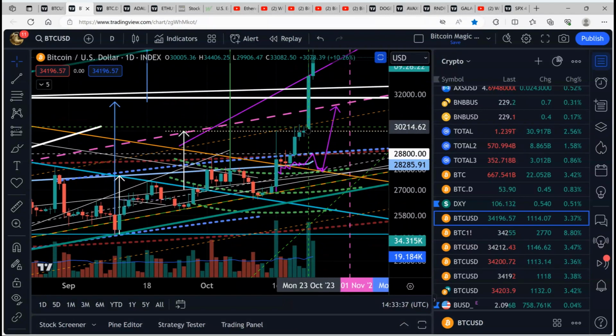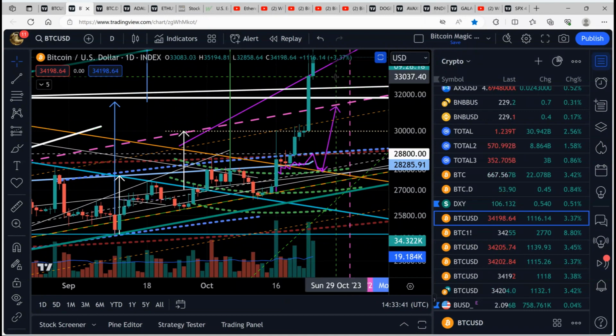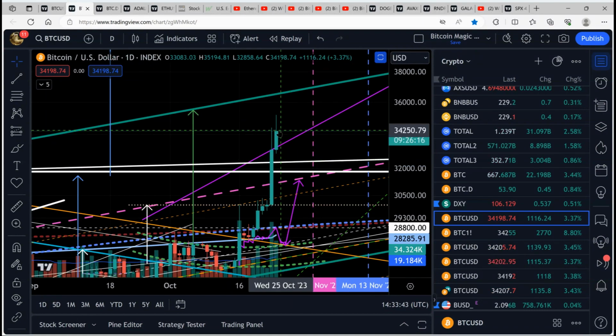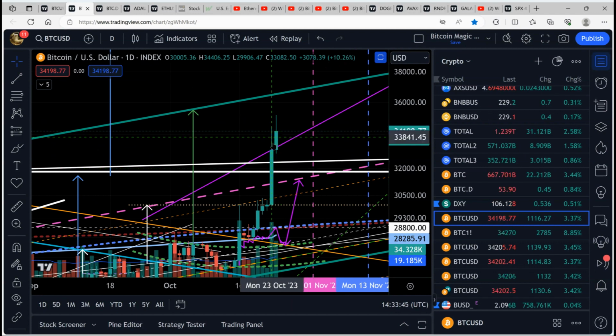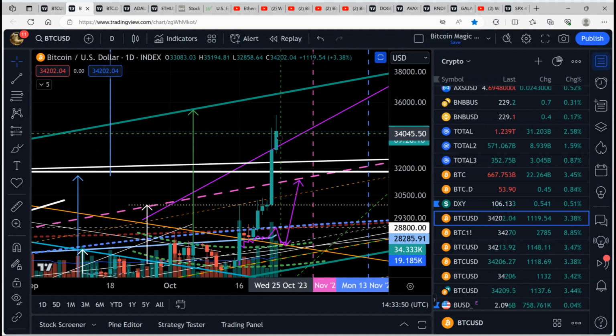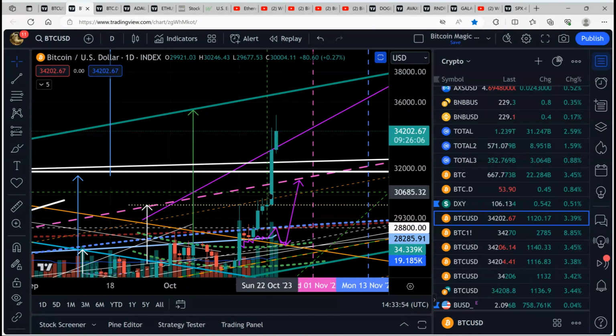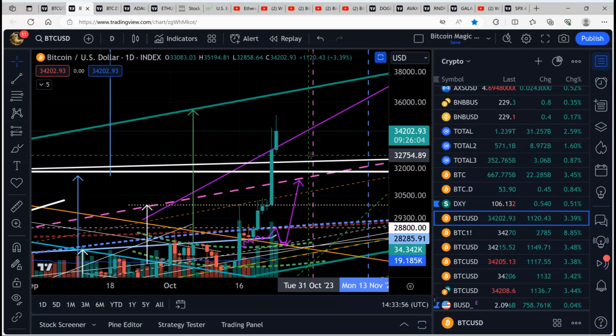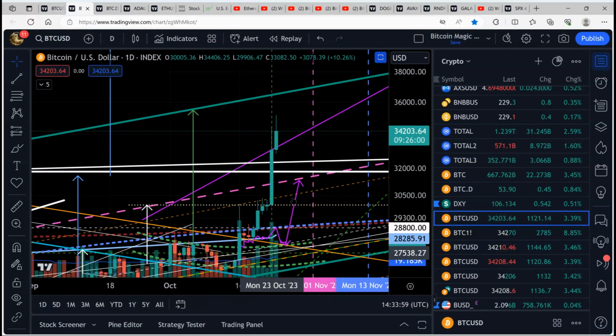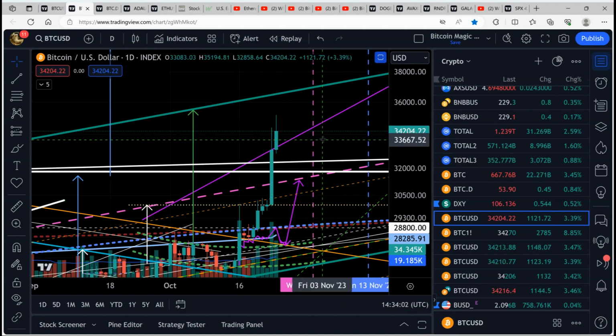They probably sold here or sold here. And definitely are selling up here. That's what these long wicks are. It's people just selling, selling, selling, shorting. And BlackRock and Fidelity and all these other guys are just sucking it all up. It's all being sucked up this whole time.